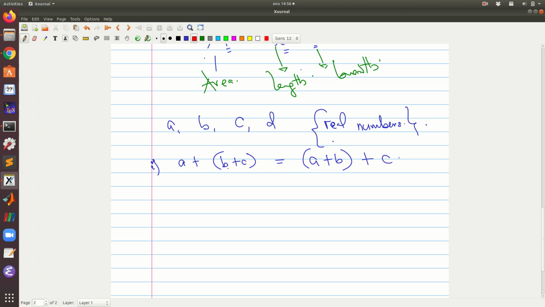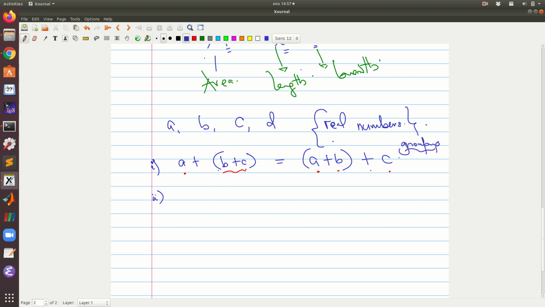One can first decide to add C to B and then add the result to A. It is the same if one decides to first add A to B and add the result to C. The order here does not matter. That is associativity. You can group, the grouping here does not matter.